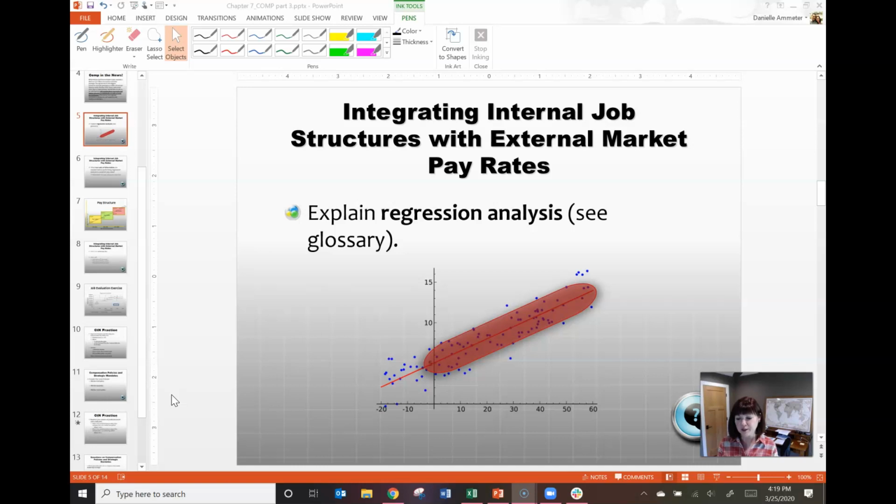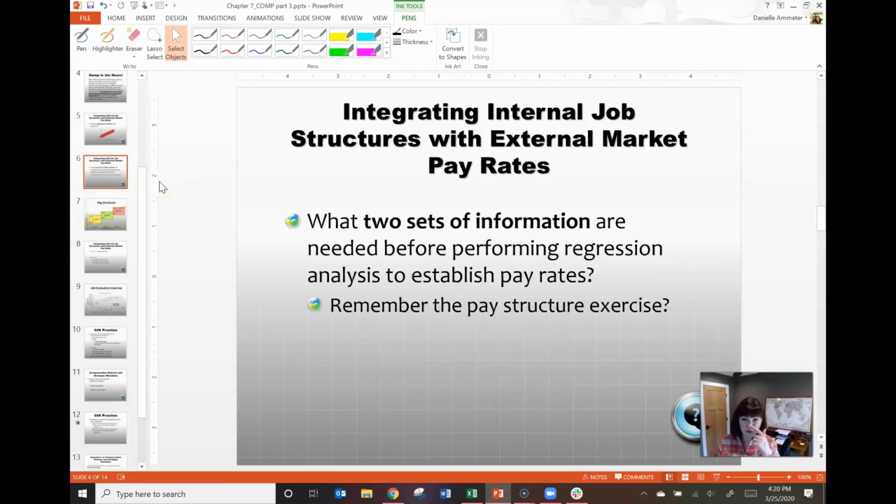And all that this regression analysis is, is a linear relationship between two variables. So the question is, what are those two variables in determining pay rates?